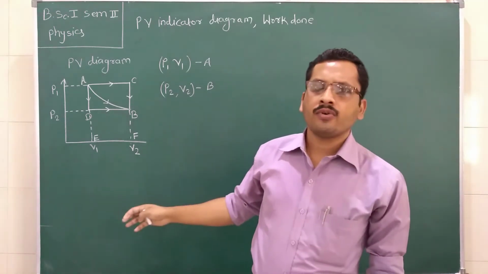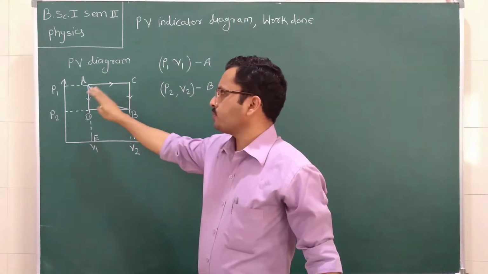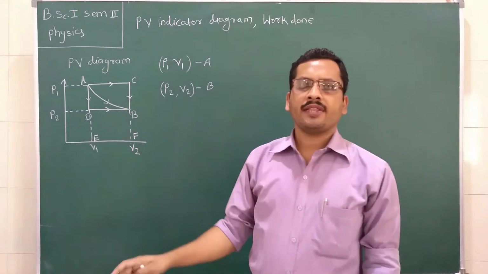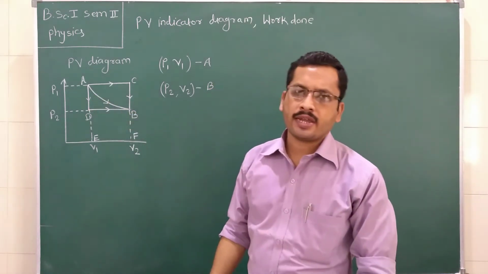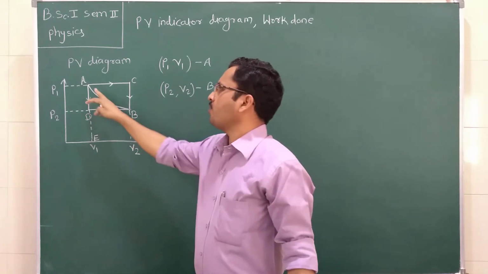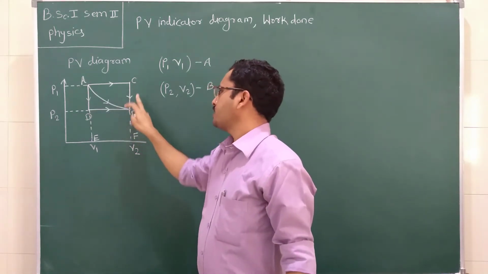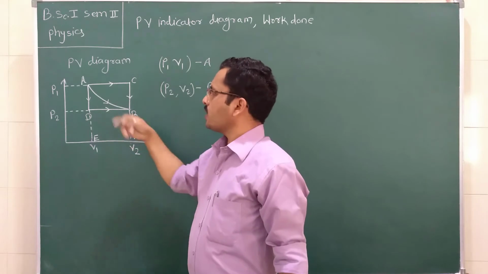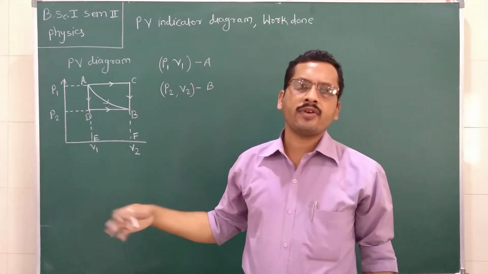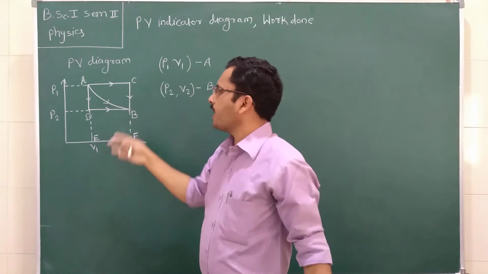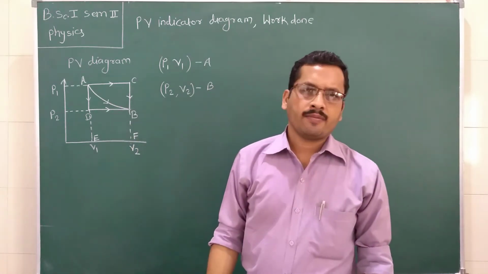Our system can change from state A to state B in three different ways. That is from A to B directly, or it can go like this: A to C, C to B, or it can also take A to D, D to B. So in many ways state A can change to state B.